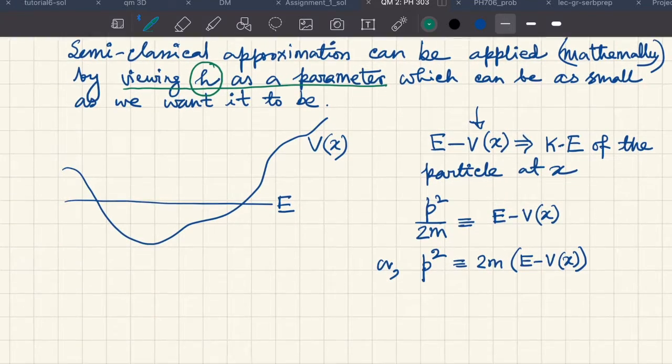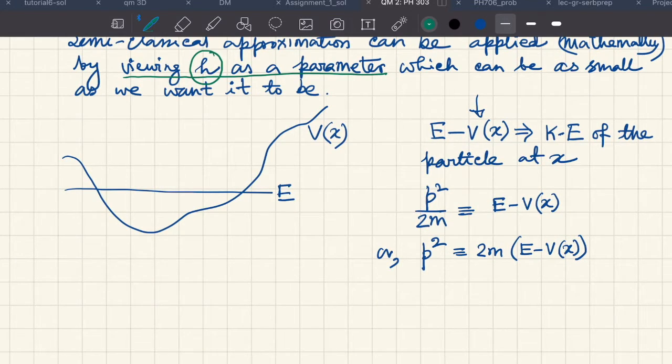Now, let me come back to this point, that we had written down this expression of p square as 2m into E minus V of x. That means my p therefore depends on x. So this is some kind of a momentum which is dependent on the position. And this momentum is the momentum of the classical particle when it is located at some point x. Suppose we are looking at a particular point x, the momentum of the particle there is p of x.